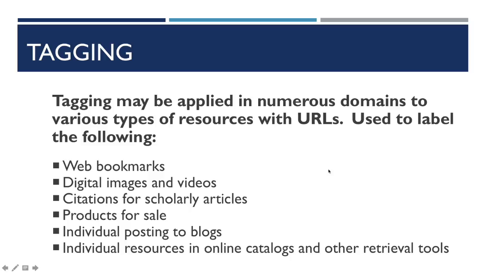Tagging may be applied in numerous domains, but the key thing is it has to be a resource that has a URL or web address in order for tagging to be successful. The types of things that you can tag are web bookmarks, digital images and videos, citations for scholarly articles, products for sale, individual postings to blogs, individual resources in online catalogs, and other retrieval tools.